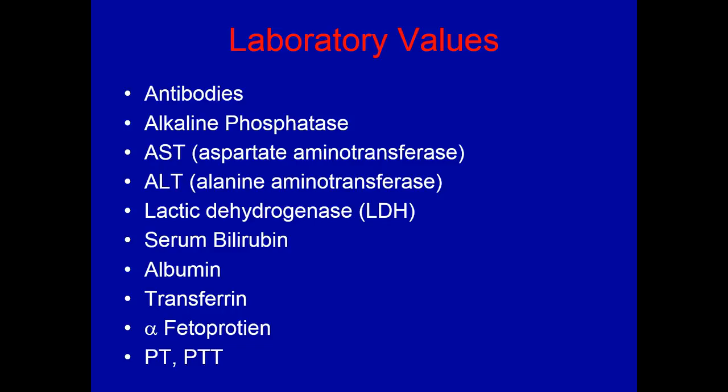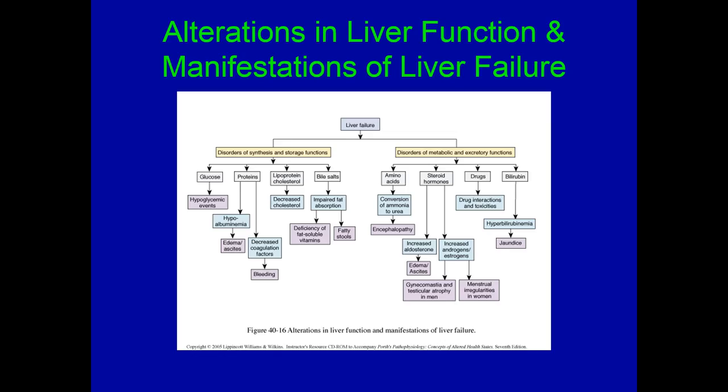Other questions? All right, so the broad view of the body effects of liver failure or liver issues takes everything we just talked about and puts it together as to, so what, right? What are the problems? Liver failure goes into disorders of synthesis and storage functions, and we'll touch on all of these when we talk about the disorders, but this puts it all in one place for you.